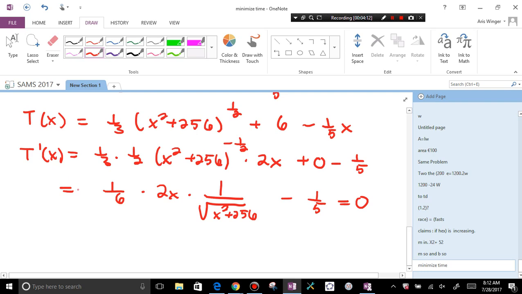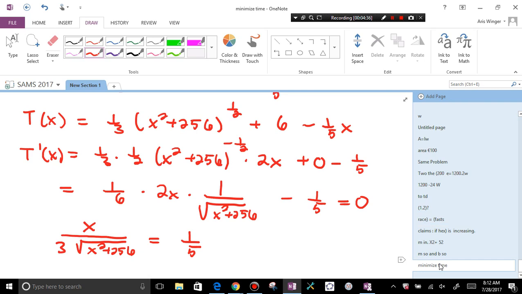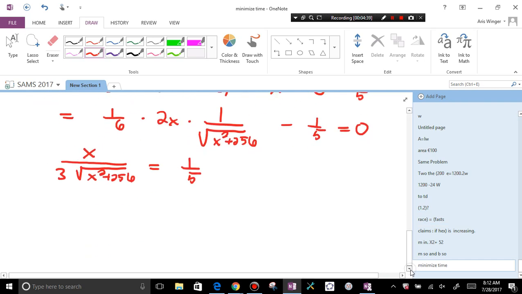And so that's, yeah, okay, great. This says that x over 3 times the square root of x squared plus 256 is equal to 1 over 5. We'll cross multiply and start solving for x. 5x is equal to 3 times the square root of x squared plus 256, and we'll square both sides.